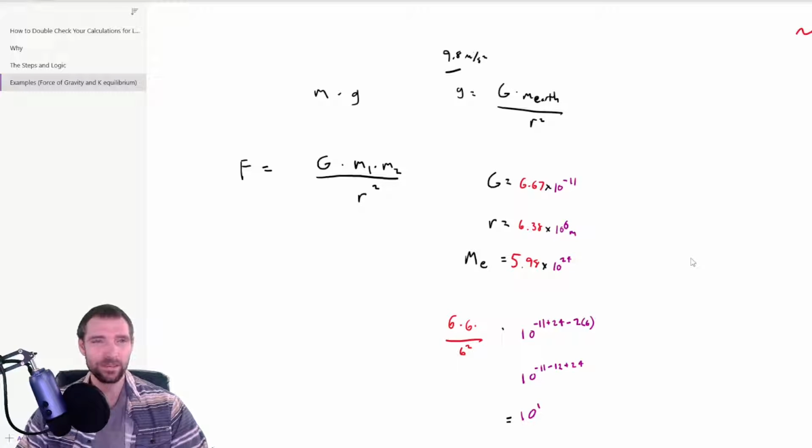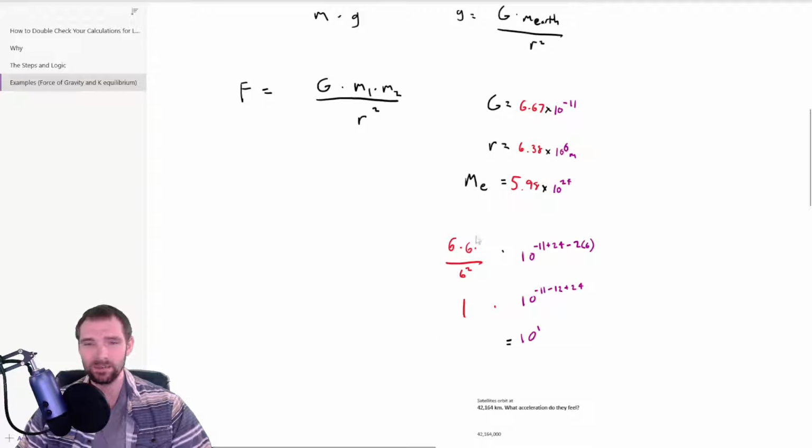So think about that. That's basically 1. So I know that my answer is going to have something where the front is kind of close to 1 whole in its coefficient. Like it's not 2 or 3 or 5 or something like that.